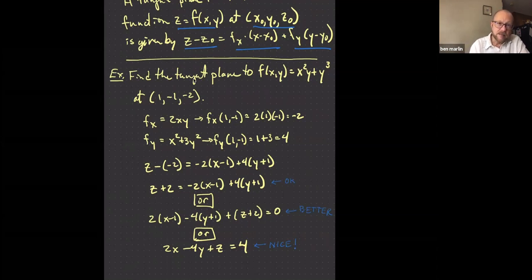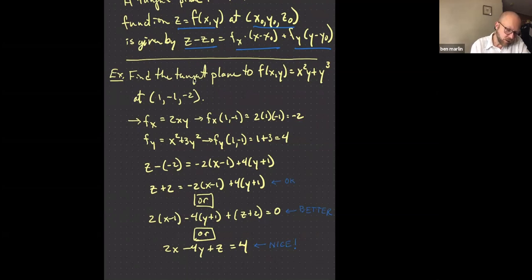So in doing this, we're asked to find a tangent plane, calculate f sub x, 2xy, boom, done. Then plug in your point that you're going to work with here, and you find out that f sub x at the point (1, -1) is -2.